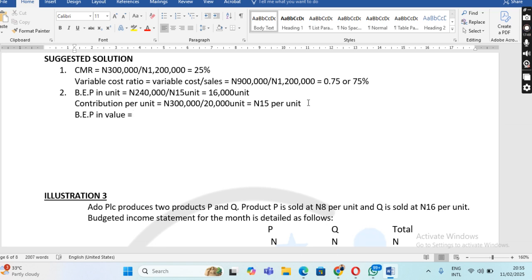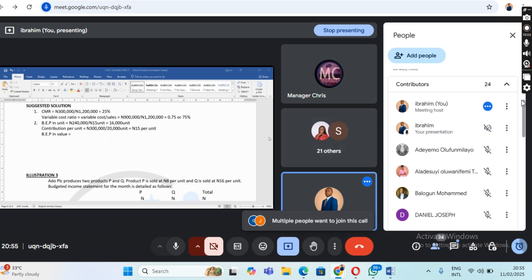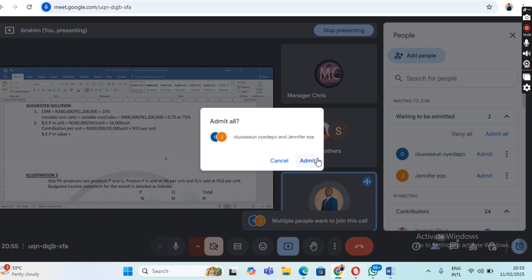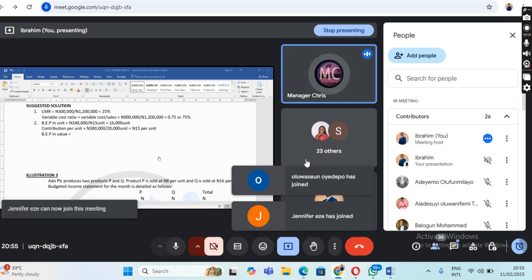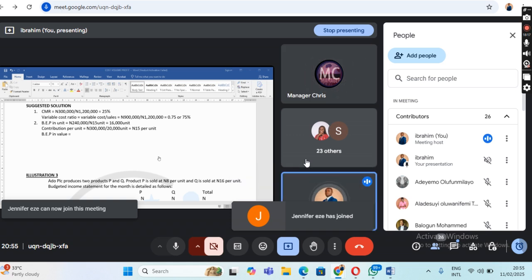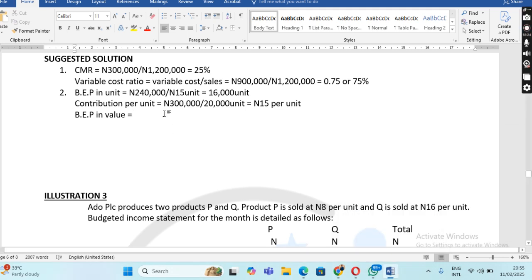So what is the formula for calculating the BEP in value? Fixed cost divided by contribution margin ratio.